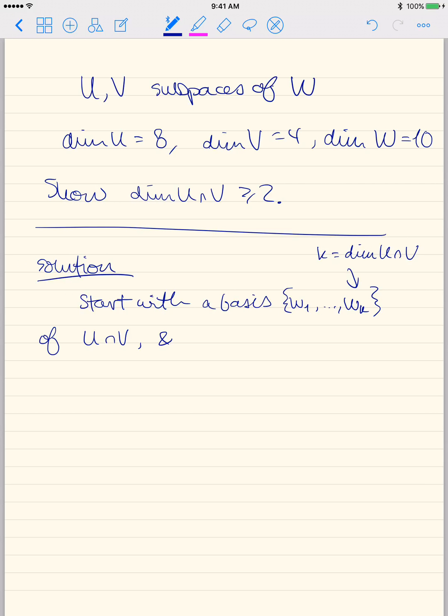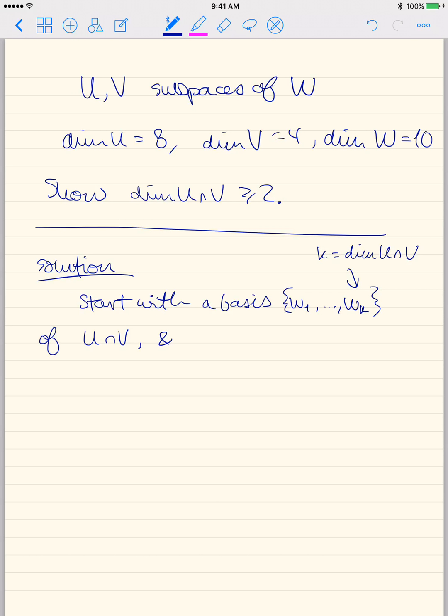And then what are we going to do to come up with more bases? Why would you want to increase the bases? It's nice to have a single basis of the bigger space.